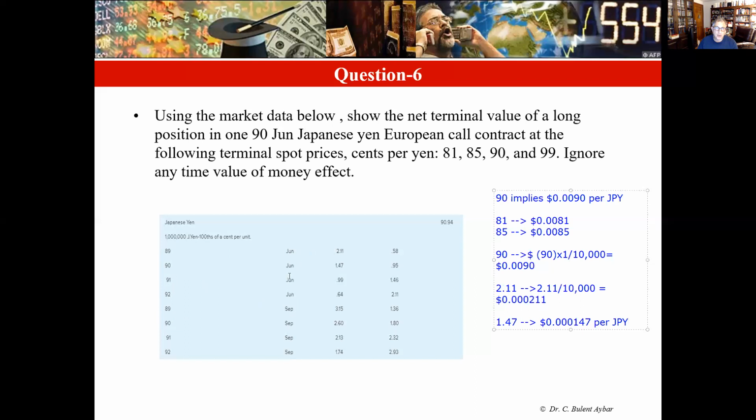And when we compare the June and September options with the same exercise prices, you see also that the longer term contract is worth more. For instance, the September contract with 89 strike price is 3.15 or $0.000315 versus the June contract, which is $0.000211. So for options, regardless of whether they are call or put, the longer the maturity, the higher the premium is.